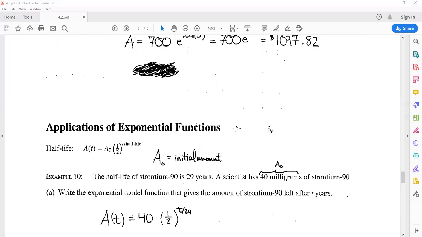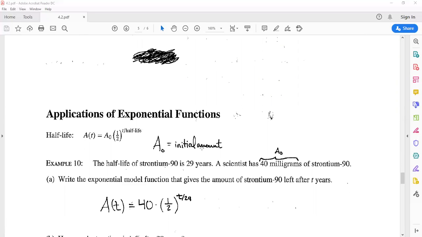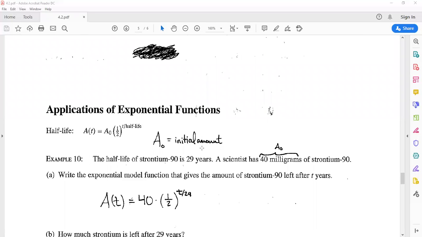So let's see what's going on. They say in this example, the half-life of strontium-90 is 29 years, and some scientist has 40 milligrams of that stuff. You want to know what is an exponential model that gives the amount of strontium-90 that scientist has after t years.